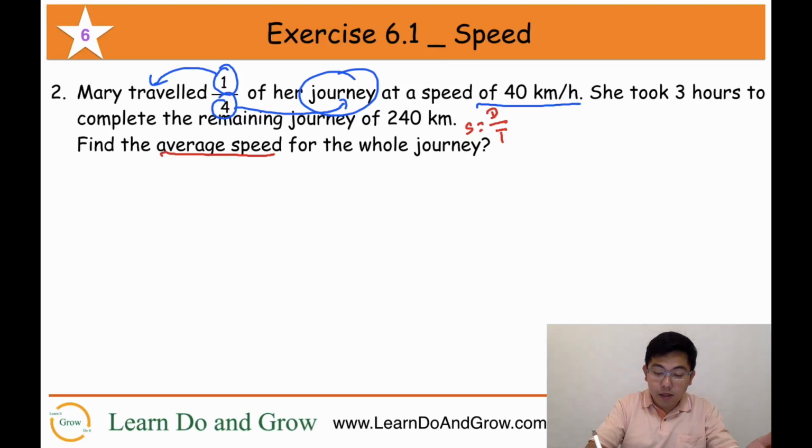The speed is S1, right? Because it belongs to the first part of the journey. She took 3 hours to complete the remaining journey of 240 km. Because this is the remaining, meaning this is another situation, the second part of the journey. This is T2 and this is D2.